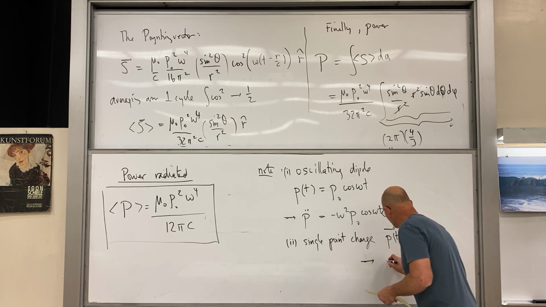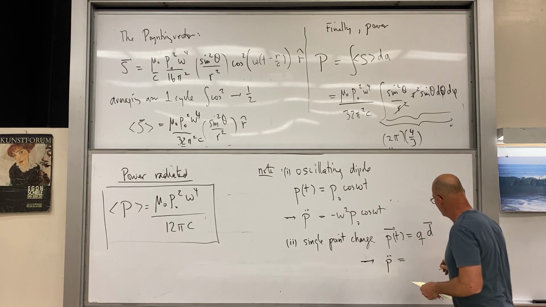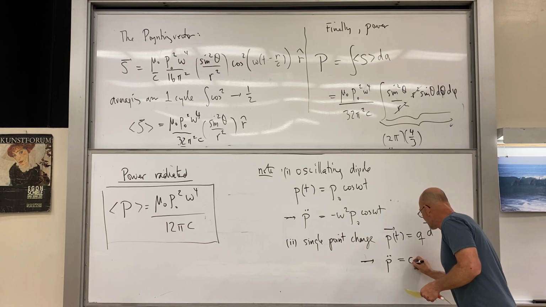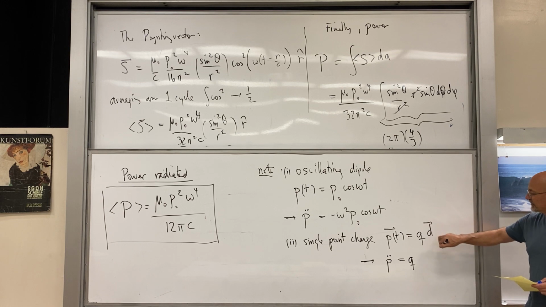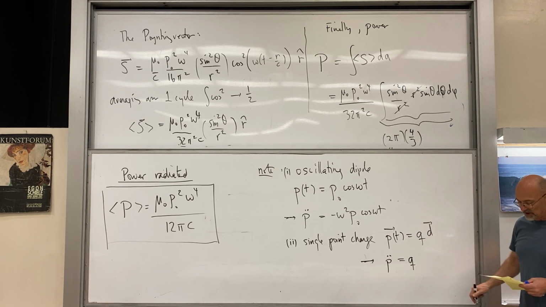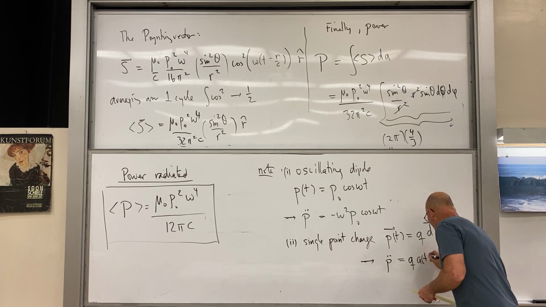And then we can write P second derivative is just going to be Q D second derivative. But the second derivative of this displacement is an acceleration. So Q A of t.